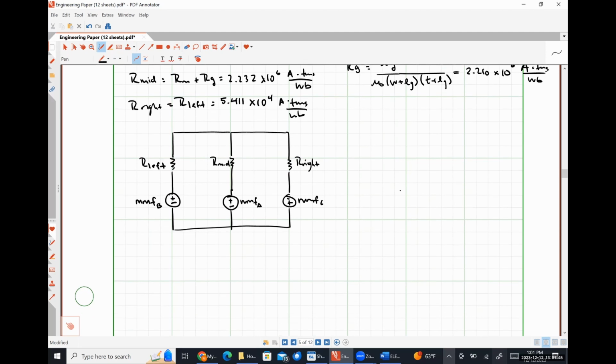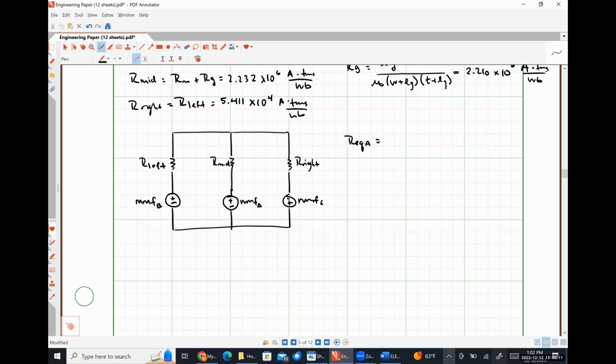So my question to you guys, that R looks terrible. Is what's the equivalent reluctance seen by coil A going to look like? So we're calculating equivalent reluctance.